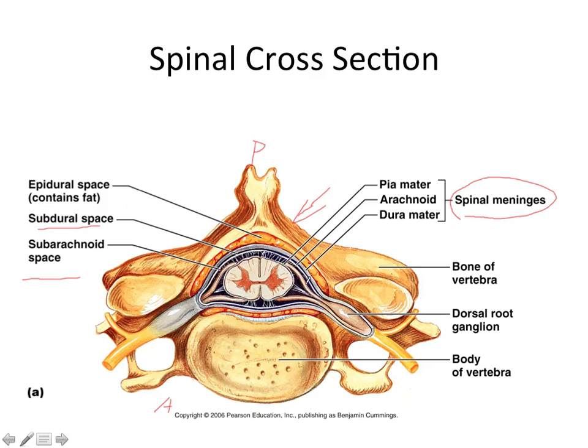The ventral branch and the dorsal branch unite together to form the spinal nerve. So this is the spinal nerve.